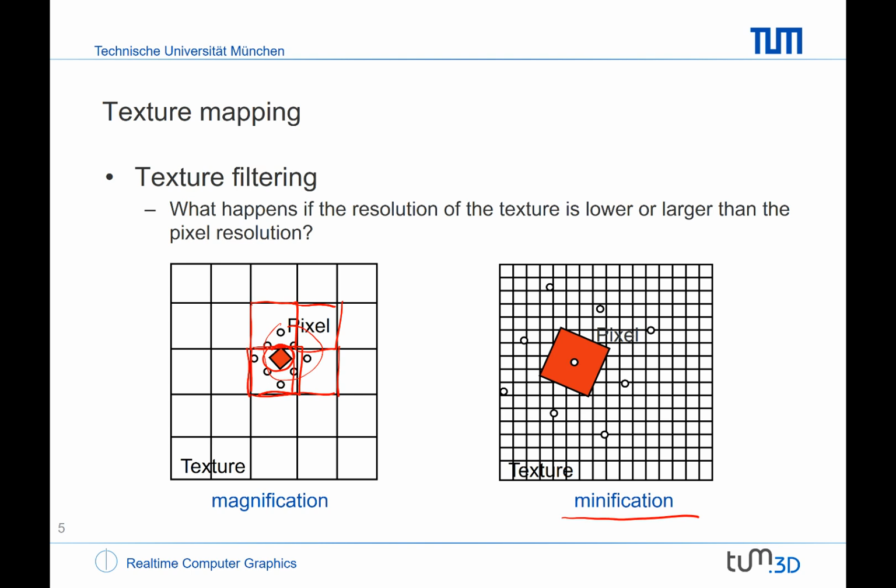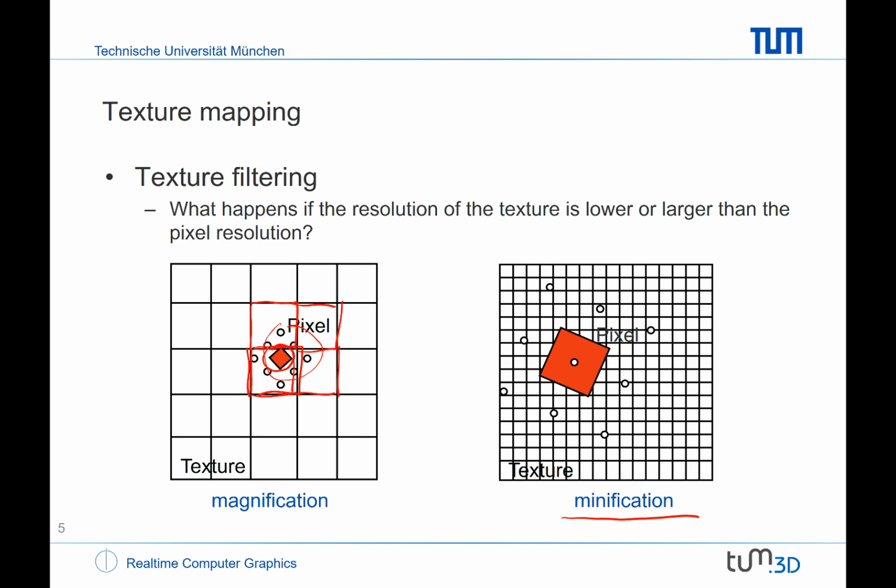And we can immediately imagine that this gives us an incorrect representation, because in fact what we see when looking through that pixel is a couple of different color values coming from all the texels that are seen through that pixel.